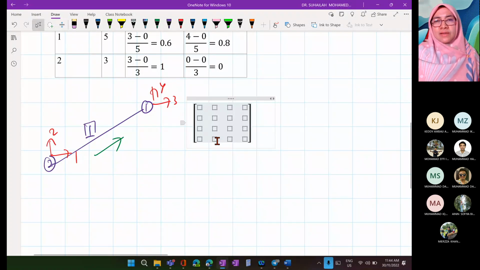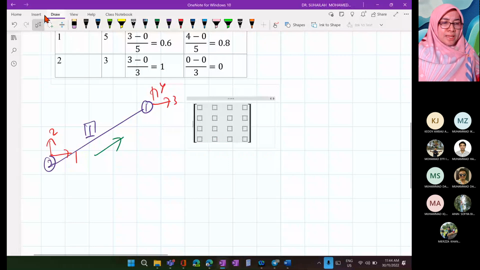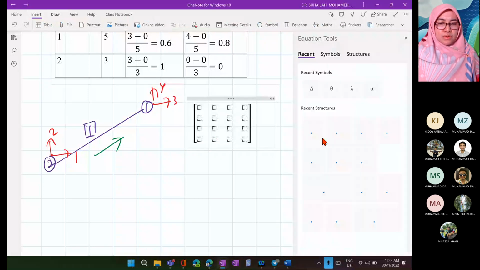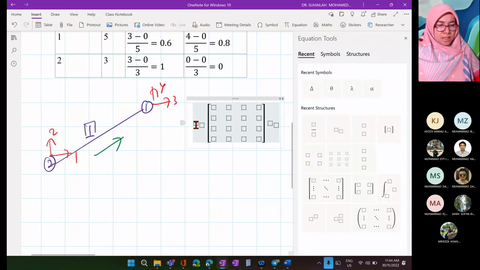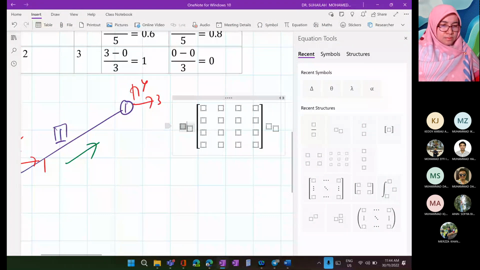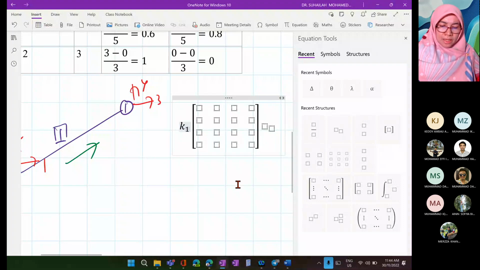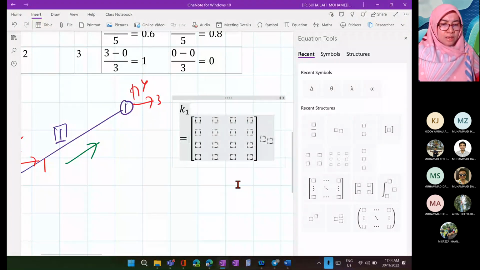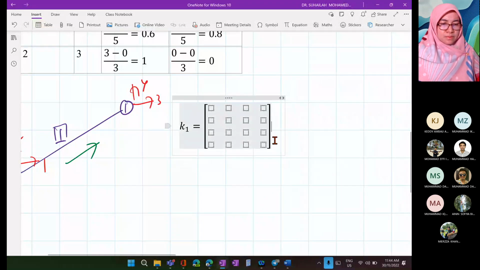The structure stiffness matrix will be labeled using a capital letter K. So this is for the element, so we use a small letter. So it is k1. Remember, small letter because it is for element k1. For the formula, okay, wait.